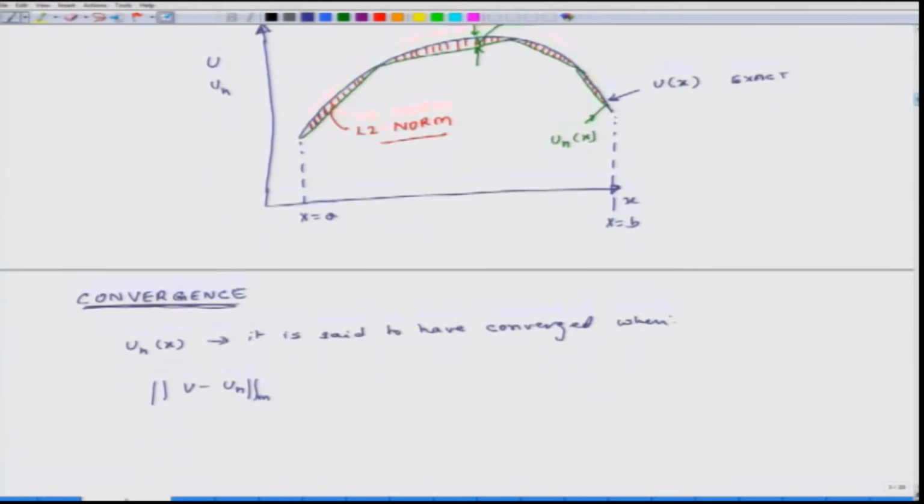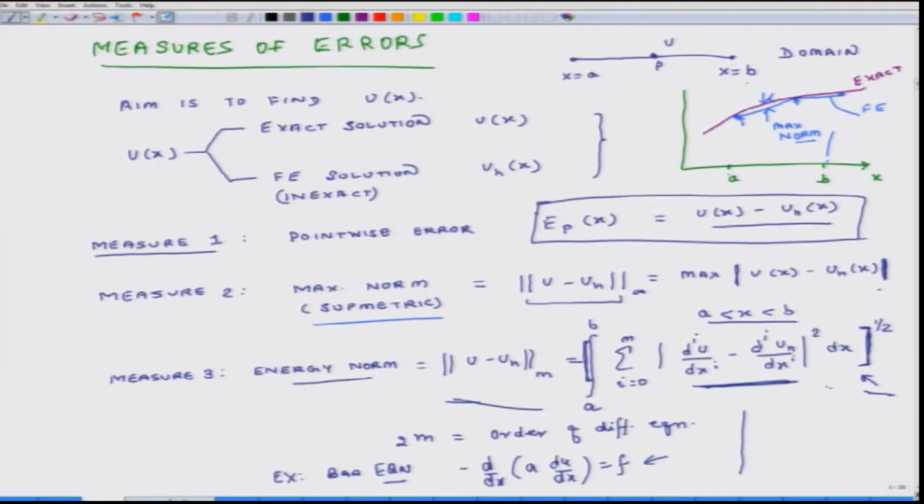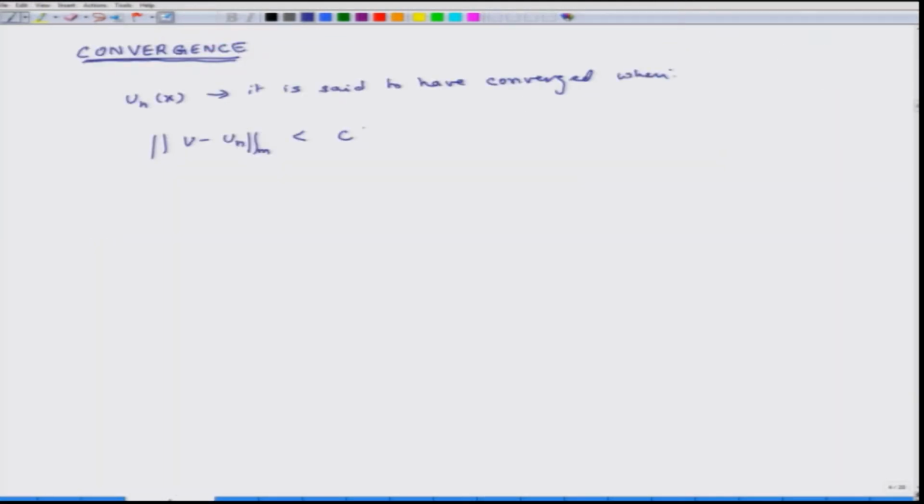So, when this norm is less than a number C h to the power of p, here C is a constant and it does not depend on u or u h. h depends on element size.